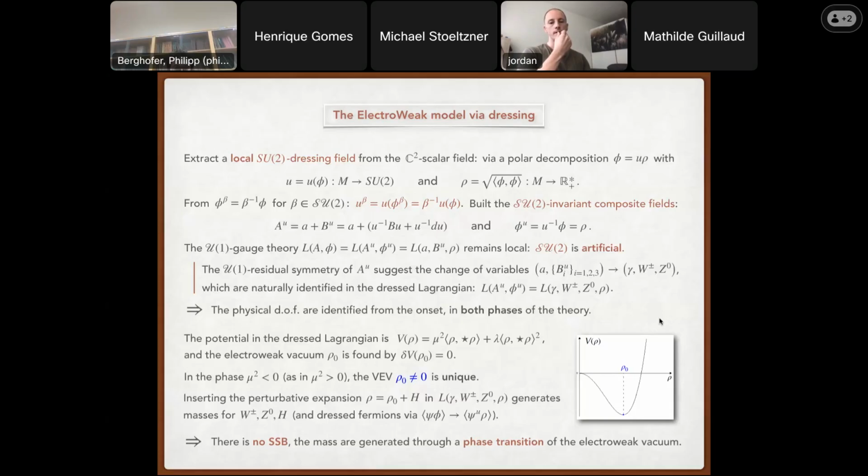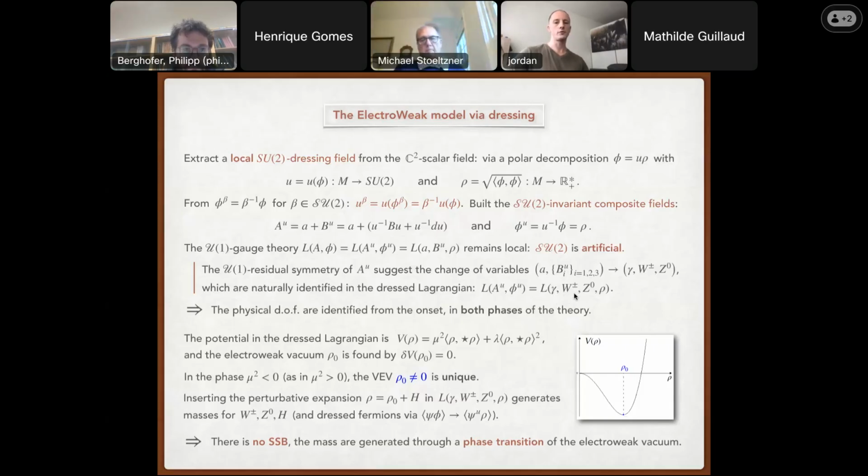It's just writing the fields in the dressed variables, or in the correct local variables with less symmetry, and then just looking at what the vacuum is, you get a shifted vacuum, and for the shifted vacuum, these terms have mass, right? Yes, exactly. Yes, absolutely. Because indeed, that's the point, that all those variables, the gamma, the W, the Z, the Higgs, the rho, is what should be called the Higgs.